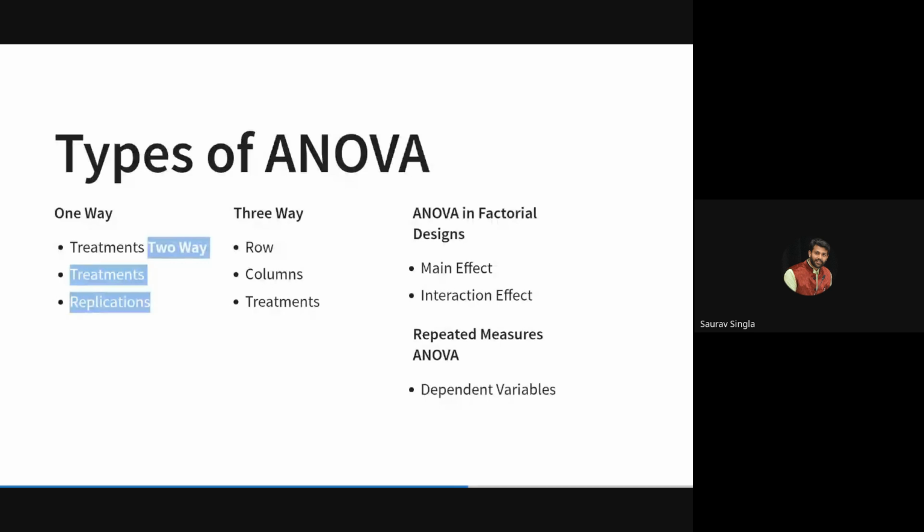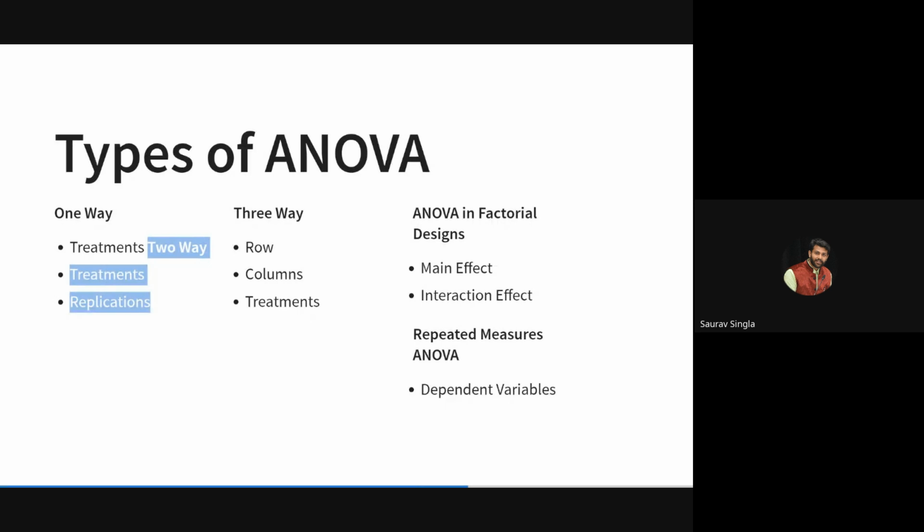Then the two-way ANOVA. The second type of ANOVA is two-way ANOVA. The meaning of two-way is that instead of one source of variation in your ANOVA, there are two sources of variation.